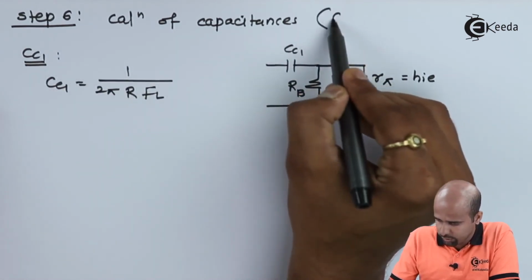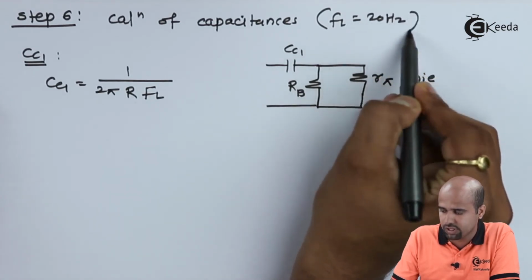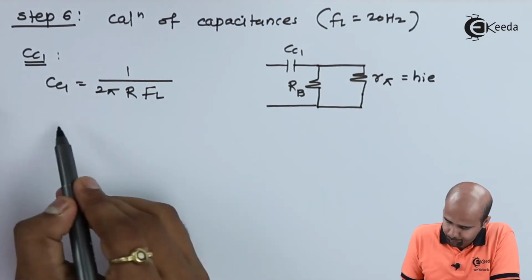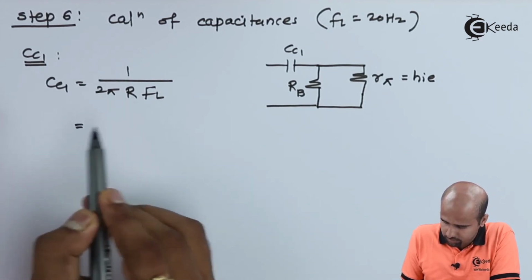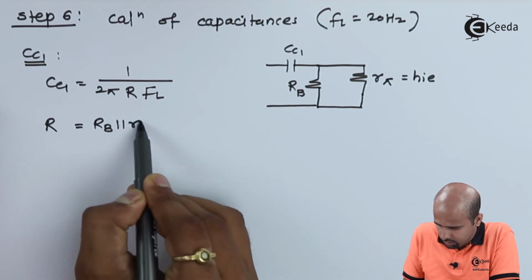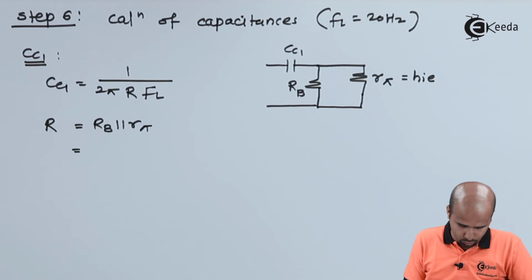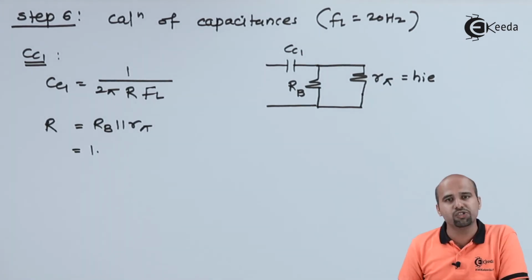FL is equal to 20 Hertz, which is given in your customer requirement. R is equal to RB parallel R pi. In RB, one is 2.2 kilo and another is 17 kilo.